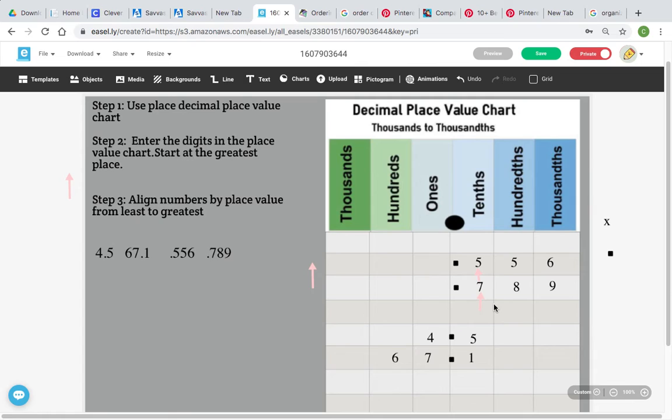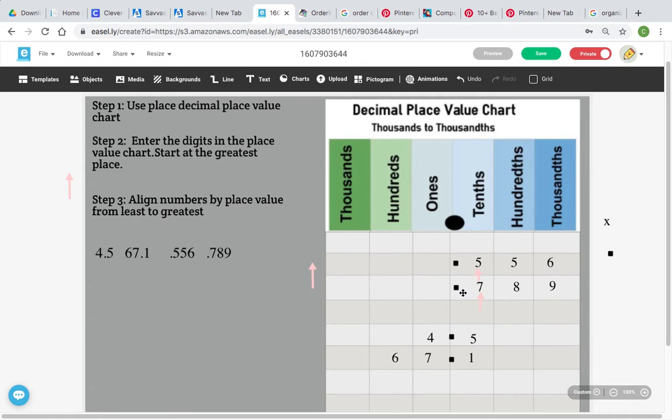So that means that decimal 789 is bigger than decimal 556. Why? Because for decimal 556, the 5 falls under the tenths value.